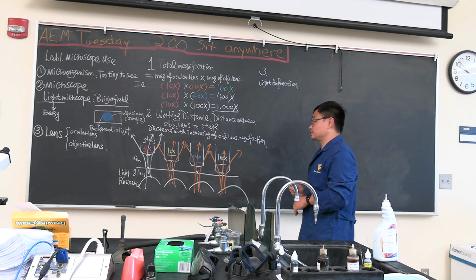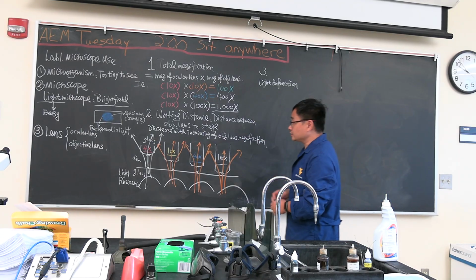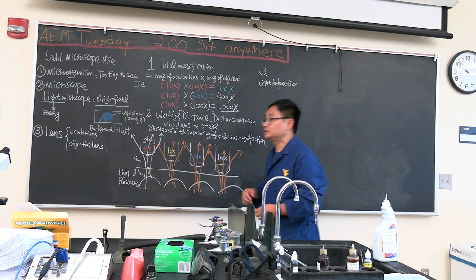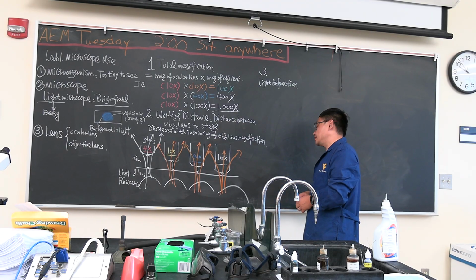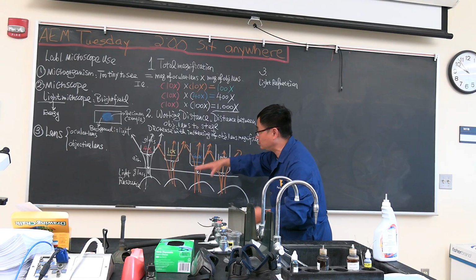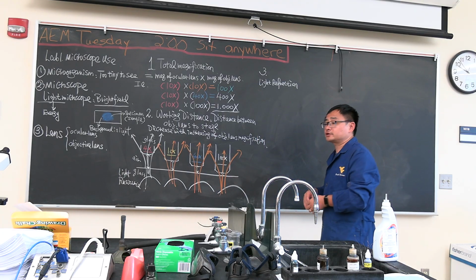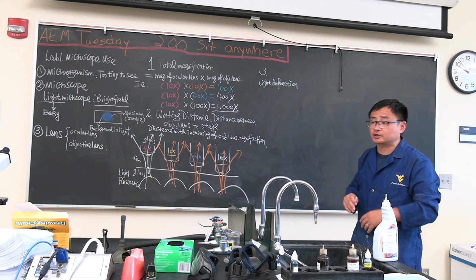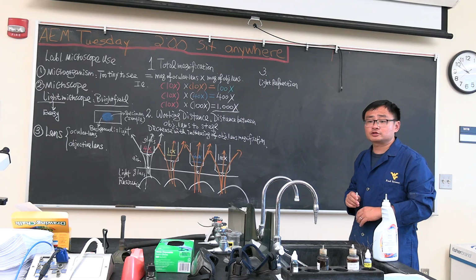Then it will become more and more fuzzy. So, for example, you have a sample right here under this 4x. You didn't see it very clearly. Okay, let's say we switch to 10x. You see, oh, a little bit fuzzy. 40x is okay. When we move to 100x, you can completely lose the focus because more light refraction will happen. How do we solve the problem?